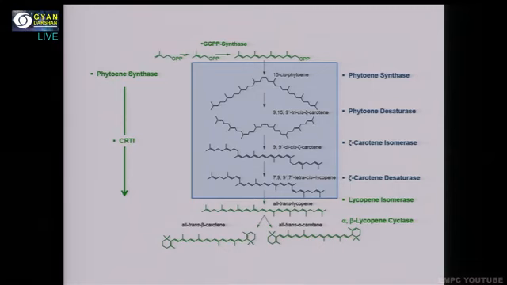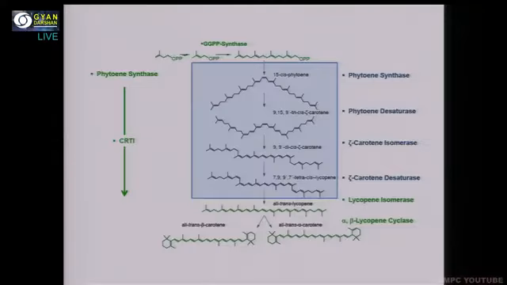So if you need to overproduce beta carotene in rice, you have to select all these genes and clone them in rice, and only then will it be capable of producing beta carotene. It is quite tedious work, and it has in reality been done by many research groups all over the world.